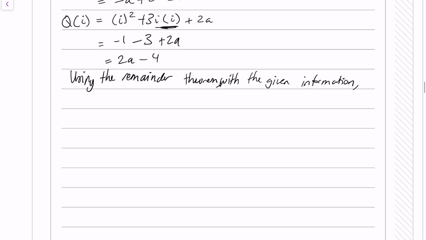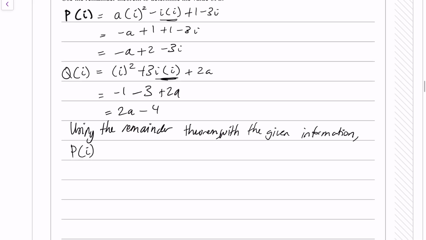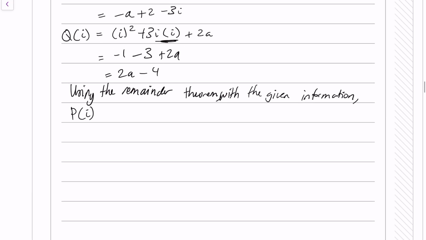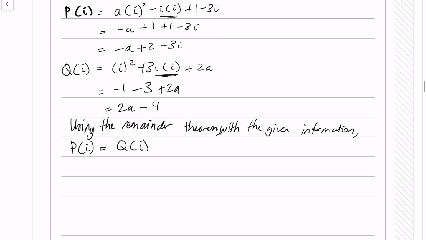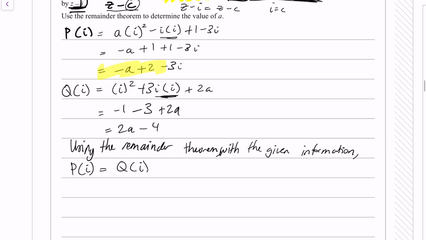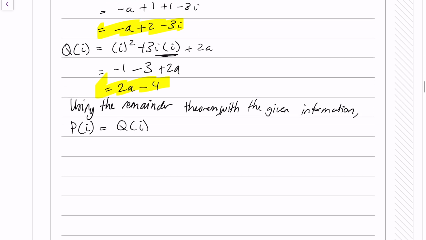Okay, and so therefore, because our equation or formula for finding the remainder for polynomial p and polynomial q is substituting i on both of them, we know that because they have the same remainder, then p of i is equal to q of i, right? So we can just basically equate these two equations now to find a, because we only have a as a variable for those two equations.